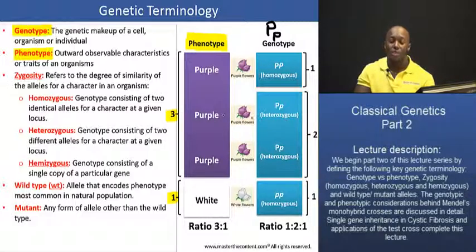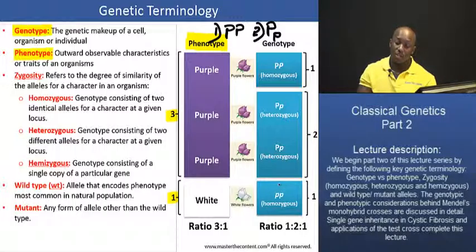They're still outwardly purple because the allele for purple color is dominant over the allele for white color, so it masks or suppresses it. So we have 2 different genotypes, the homozygous dominant and the heterozygous one, that are contributing to the same exact phenotype.